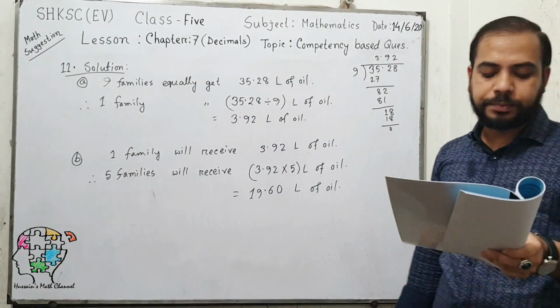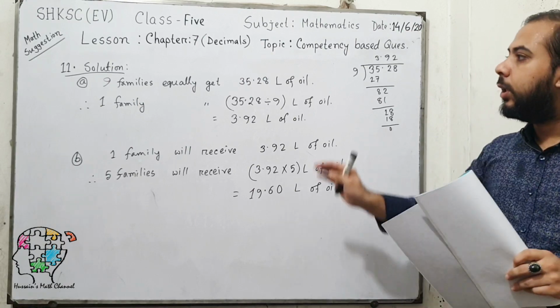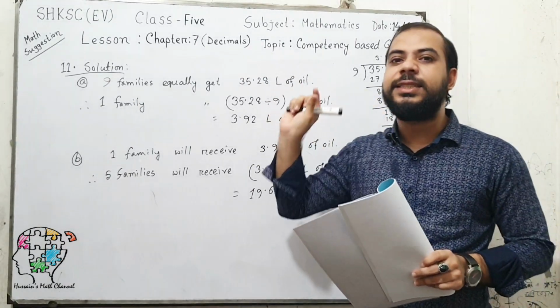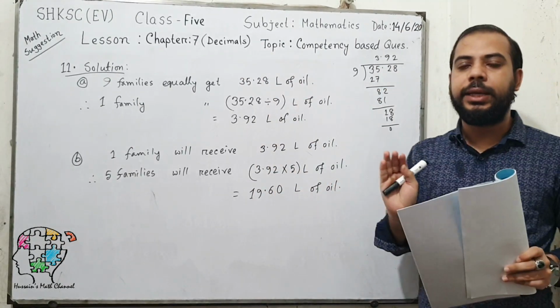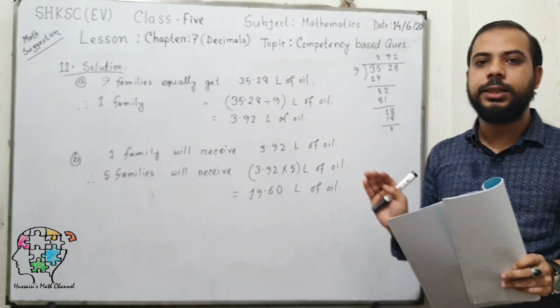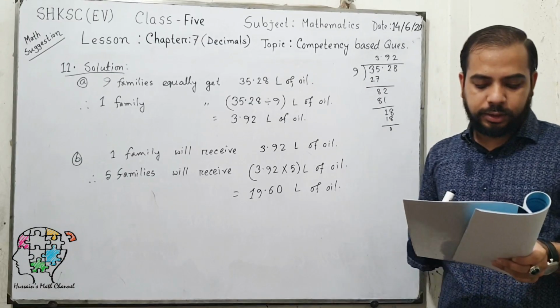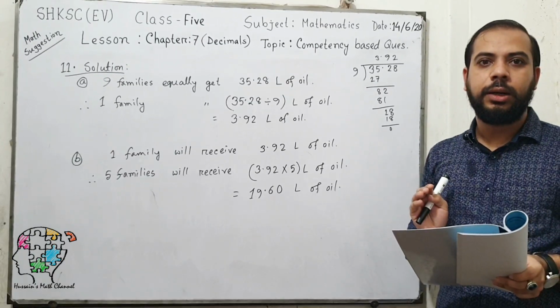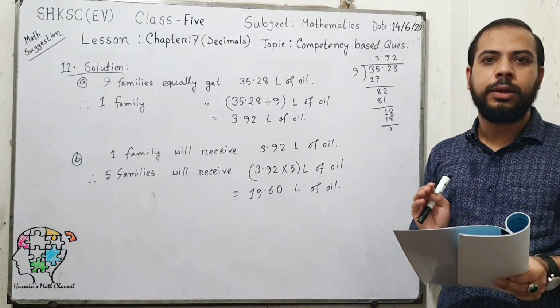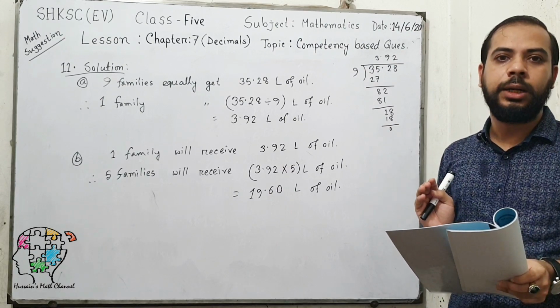Actually we have to assume what is given in the stem, not in question number A, B or C. We have to assume that the stem is the main question.